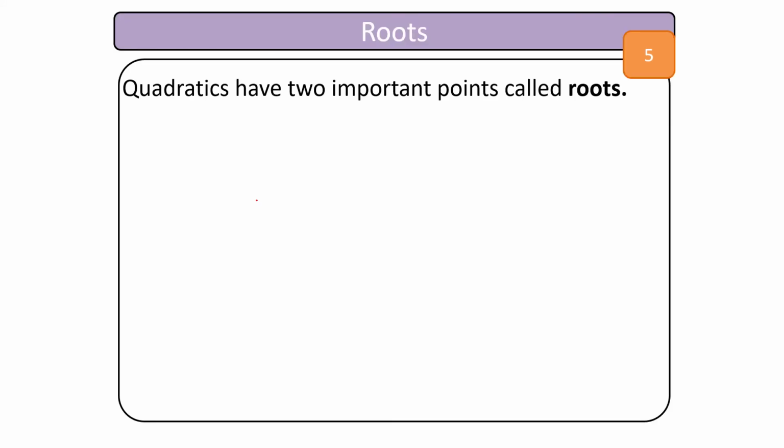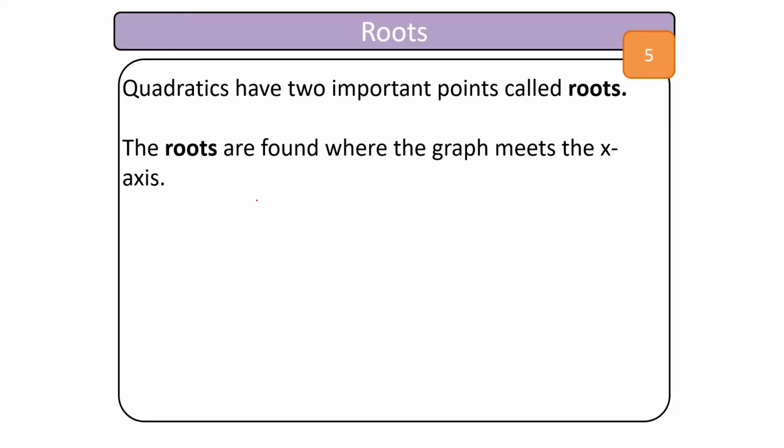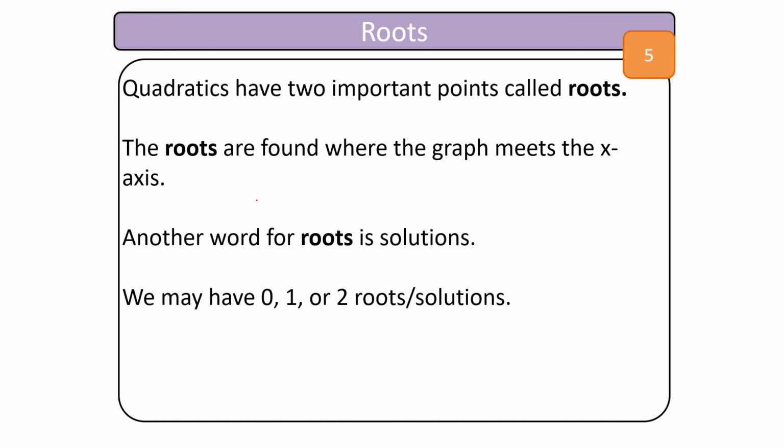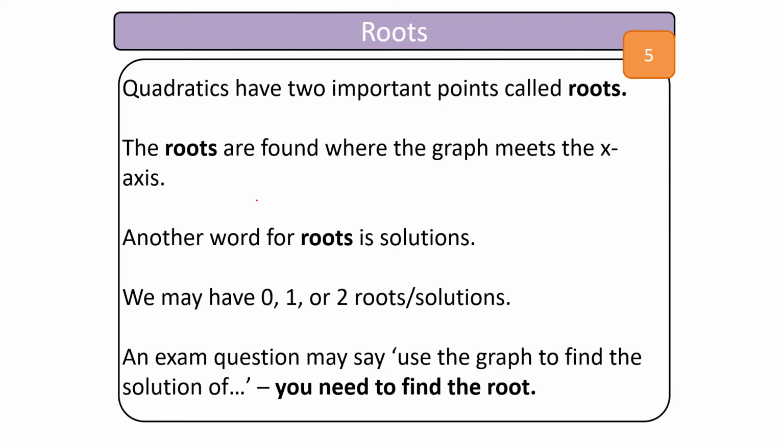Perfect. Now roots, take these down in your book, have a read of it. Another word for roots is solutions. You can have 0 roots, 1 root or 2 roots. Actually, I will show you that now. Imagine if you've got a U-shaped quadratic, going like this, can you see that's got 2 roots there?